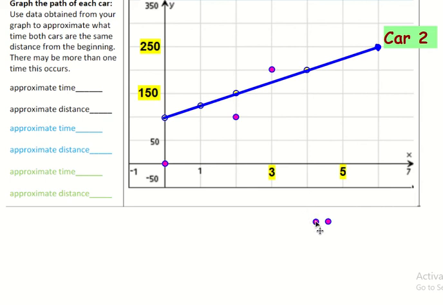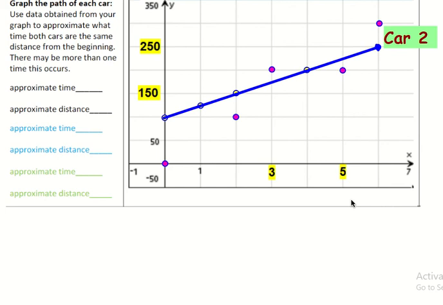So here we're at 200 again. Now from hour 5 to hour 6, it goes another 100 miles an hour. So we jump like so.